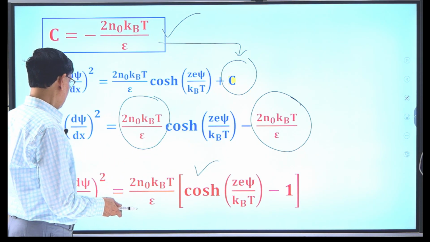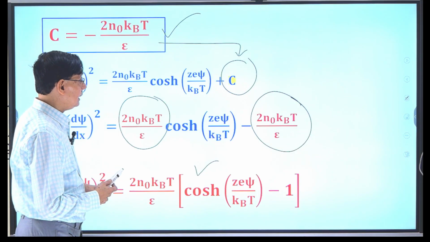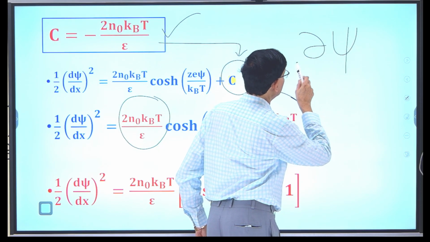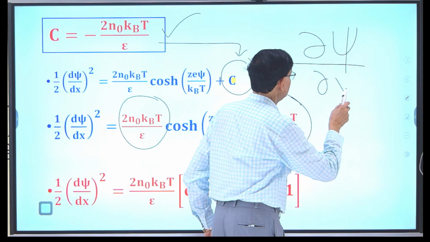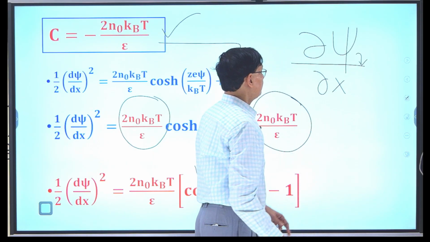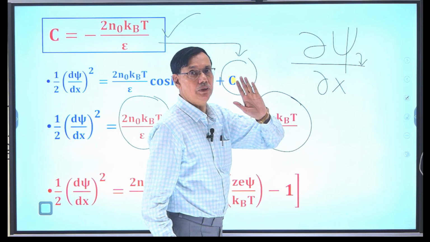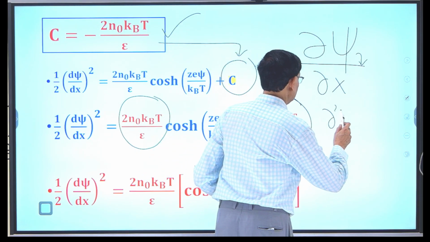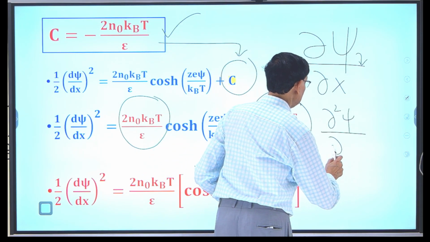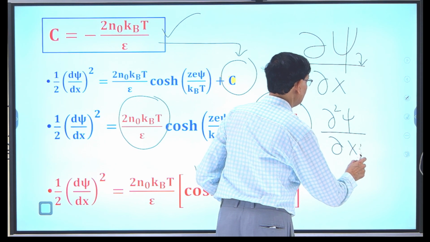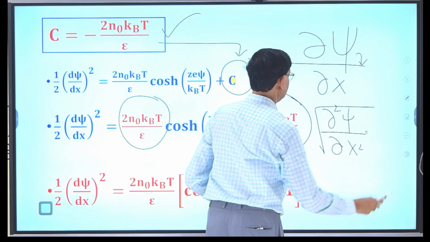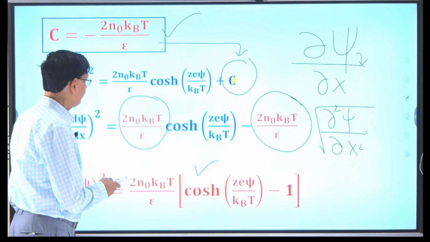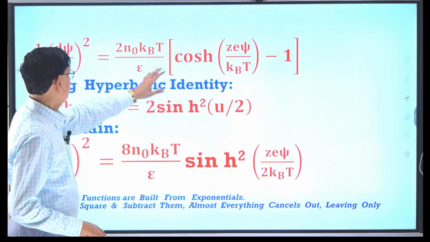And then finally, as I told you that ultimately our objective is the determination of dψ dx, change in potential with respect to distance from the electrode. And here I am getting the square. So I have to do the square root in order to get this. So last step.